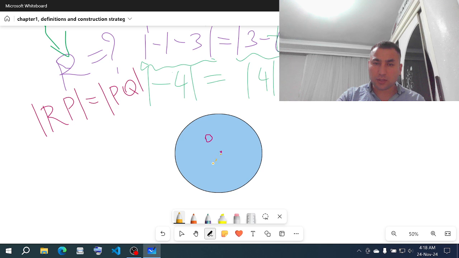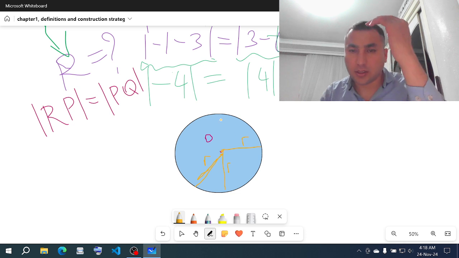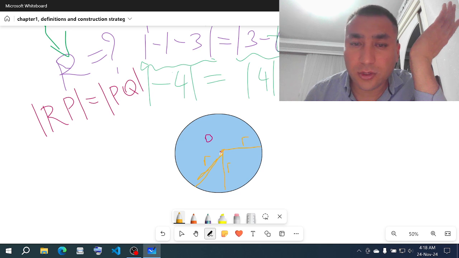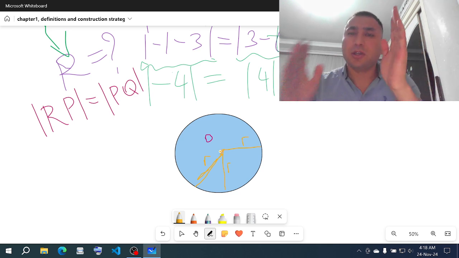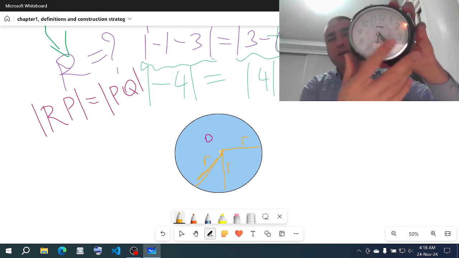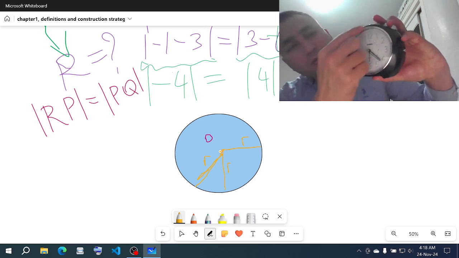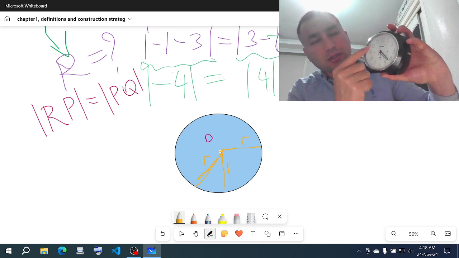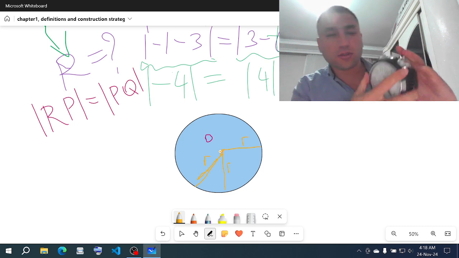So this is R, wherever you go. If you include the center as the outer circumference of a circle, no, it's not going to be a circle because it's a central point, like the center of this clock. All the circumference is the same distance from the center, the radius.